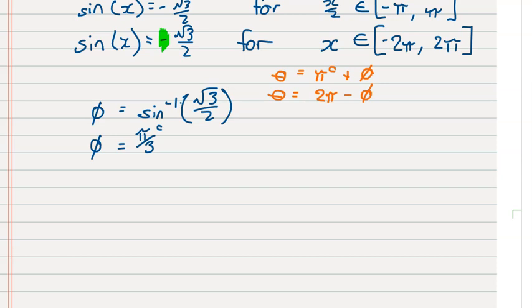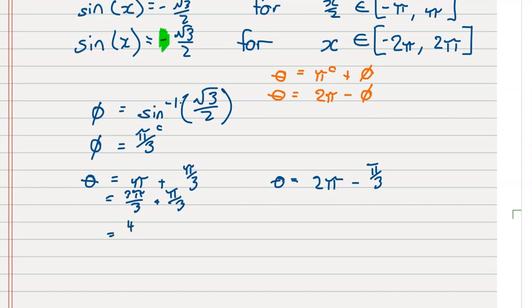So therefore, to get my thetas, my first theta is going to be pi plus phi. And my second theta is going to be 2 pi minus pi on 3. So calculating the first one is going to be 3 pi on 3 plus pi on 3, and that's going to give me a value of 4 pi over 3.